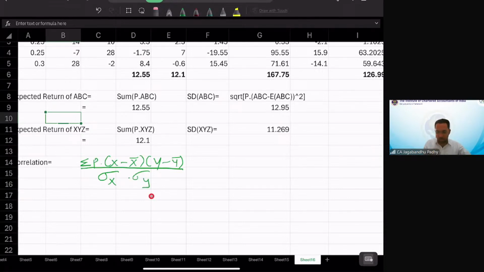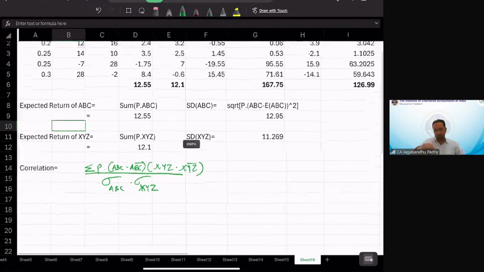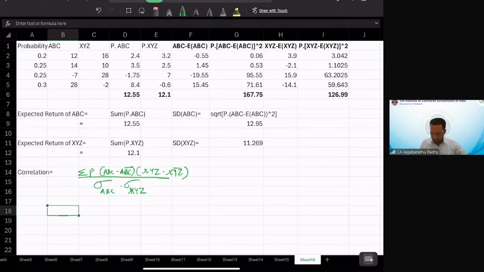Of course, we don't have x and y, so I need to rewrite this as ABC minus ABC bar, and XYZ minus XYZ average, then standard deviation of ABC multiplied by standard deviation of XYZ.